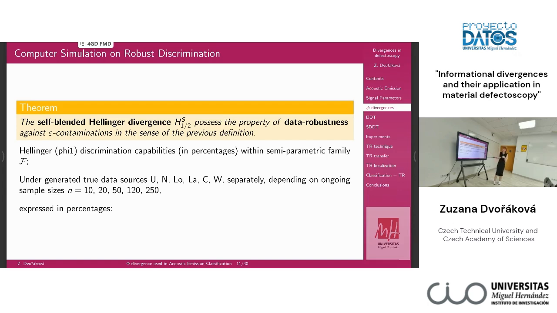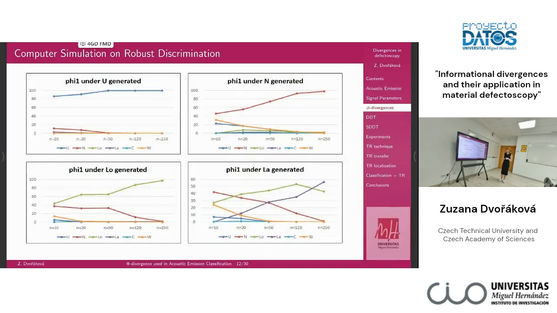We generated samples of different sizes: 10, 20, 50, and so on. After generating, we forgot the source of the data, and we tried to find out if the Hellinger phi divergence is able to reveal the true distributions of the data.